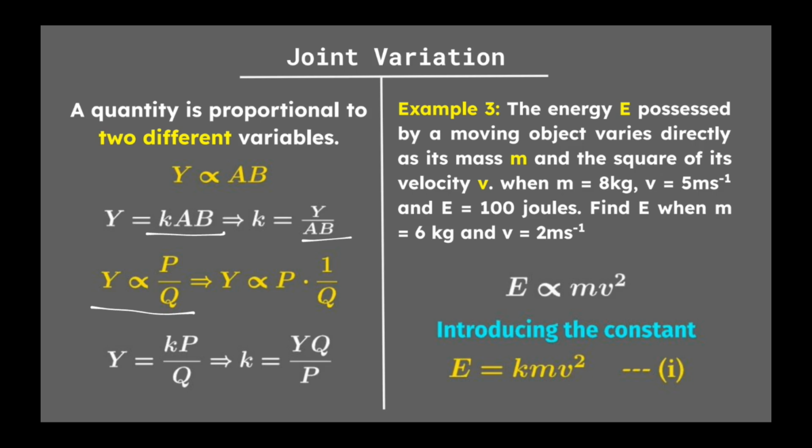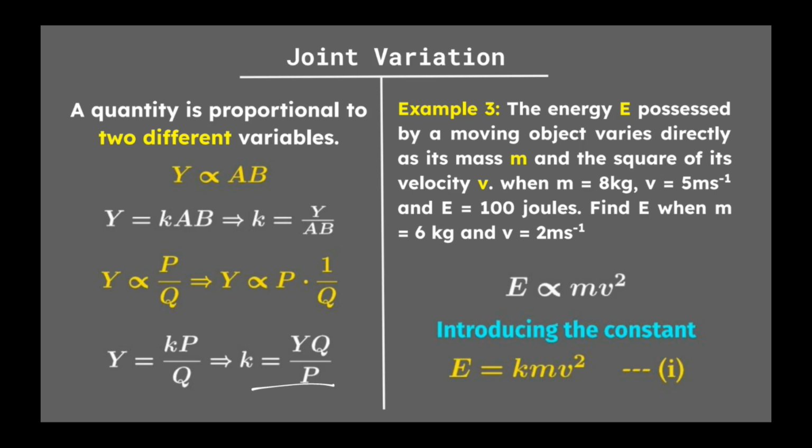And when you introduce the constant of variation, you are going to have y equals kp over q. And then to make k the subject of the formula, all you need to do is to cross multiply. And then you are going to have k is yq divided by p right here. So that's my constant.